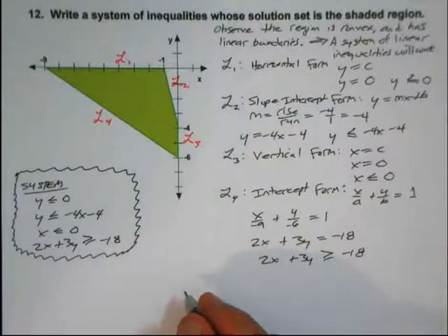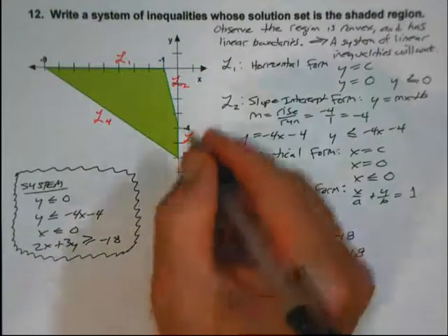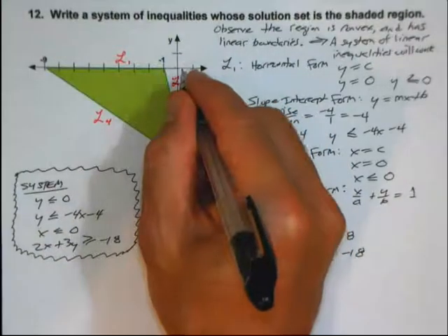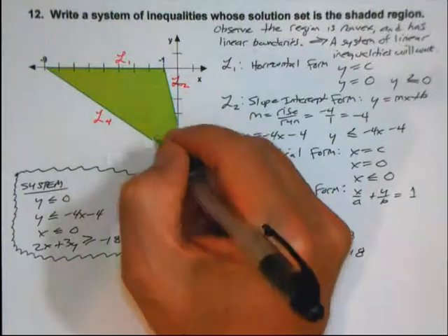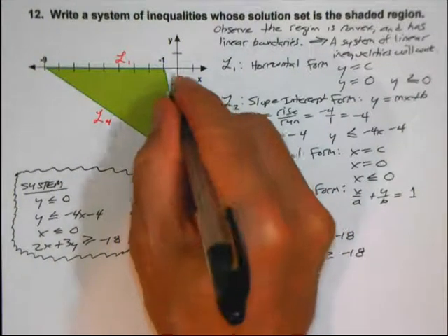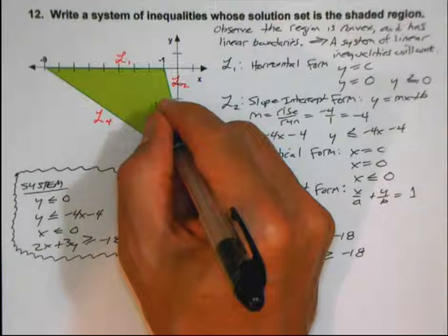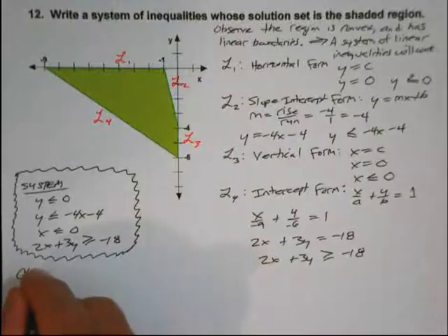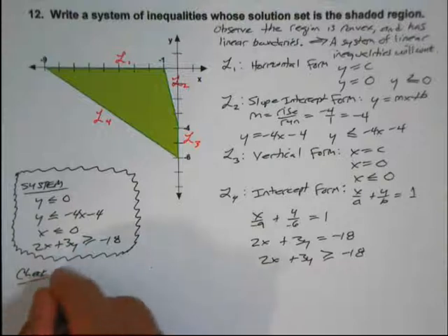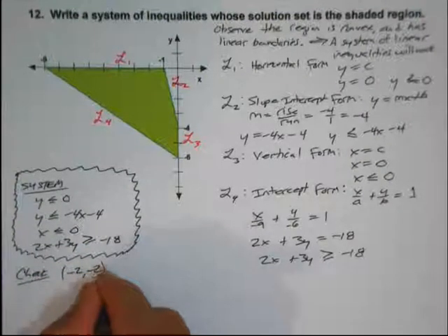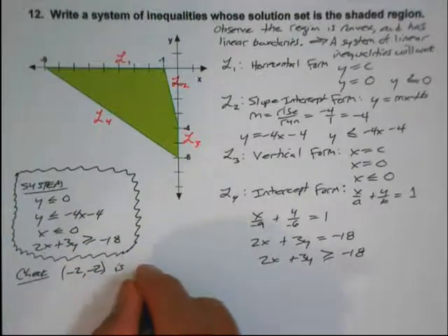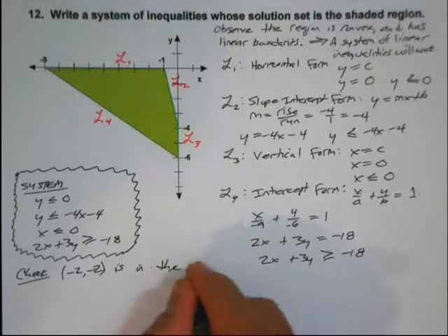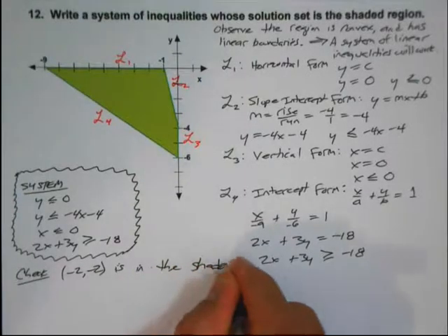Now, we could have made a mistake along the way for sure. So let's grab a point that's in our solution set and makes the arithmetic fairly easy to work with. How about negative 2, negative 2? Clearly in the region here. Negative 2, negative 2 is in the shaded region.